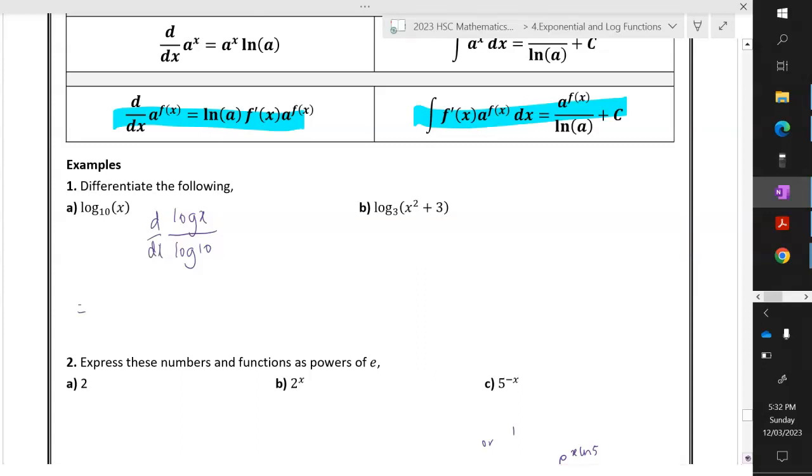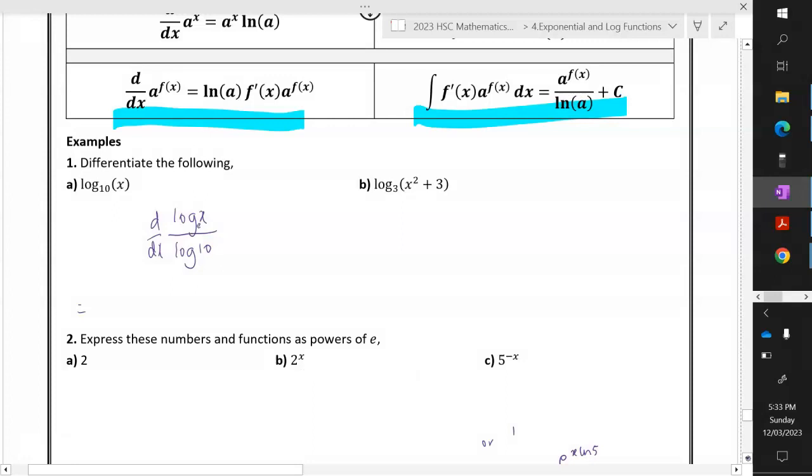Okay, so let's think what we've got there. So we have log of x, which is a function, but log of 10 on the bottom is a value. So you can pop that in your calculator and get a value for log of 10. And we're talking about log of base e of those ones, so I can use ln for each of those. So that's a value that you can get.